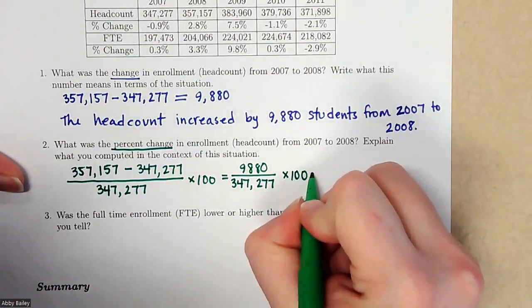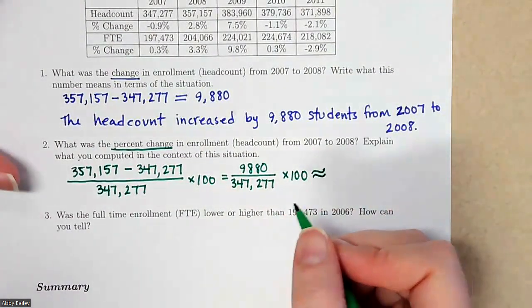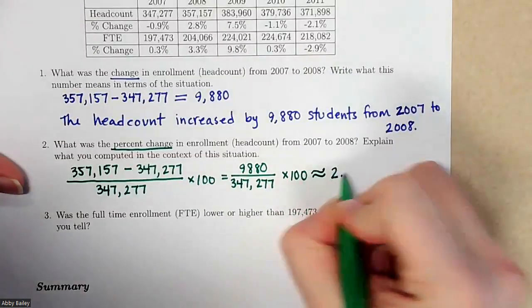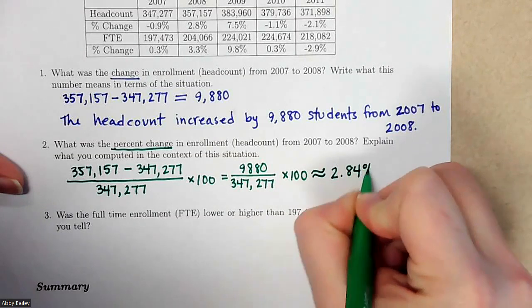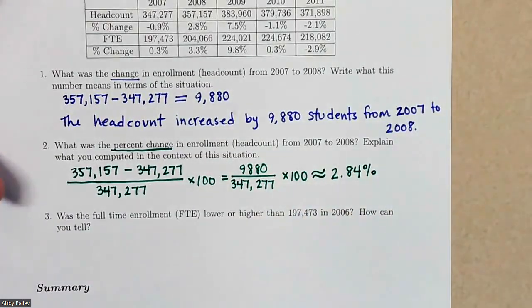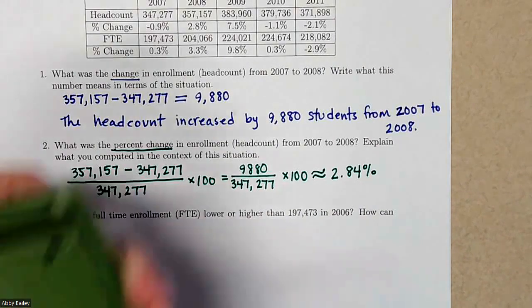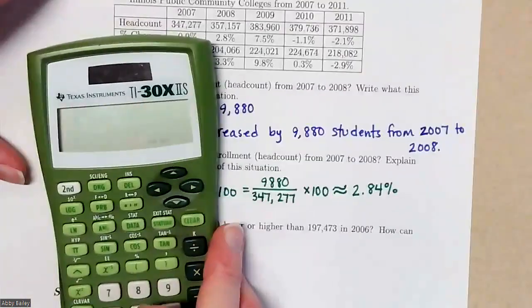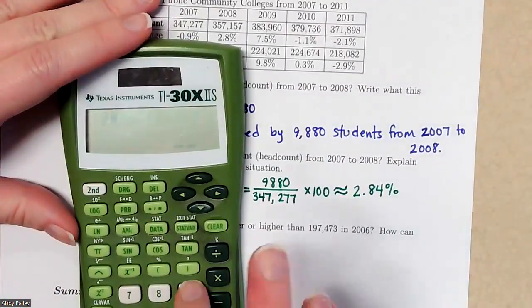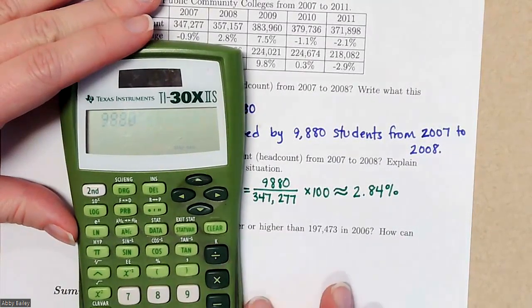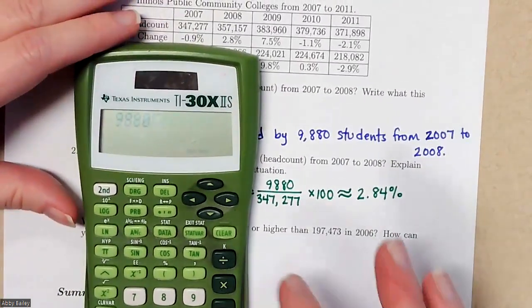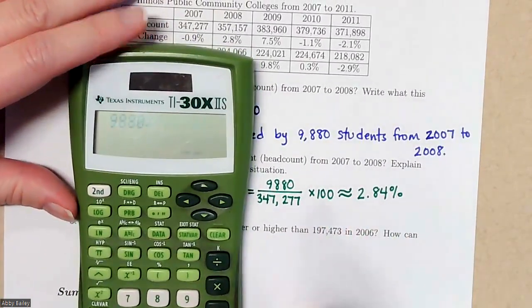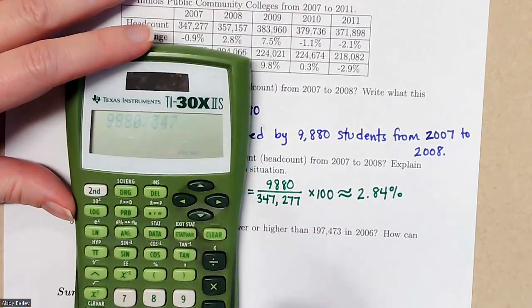So just so you know, I punched that into the calculator and here's what I got. 2.84%. Actually, here I'm going to get out my trusty old calculator. Let's double check, because sometimes, even after all of these years of doing math, I still make mistakes for sure.